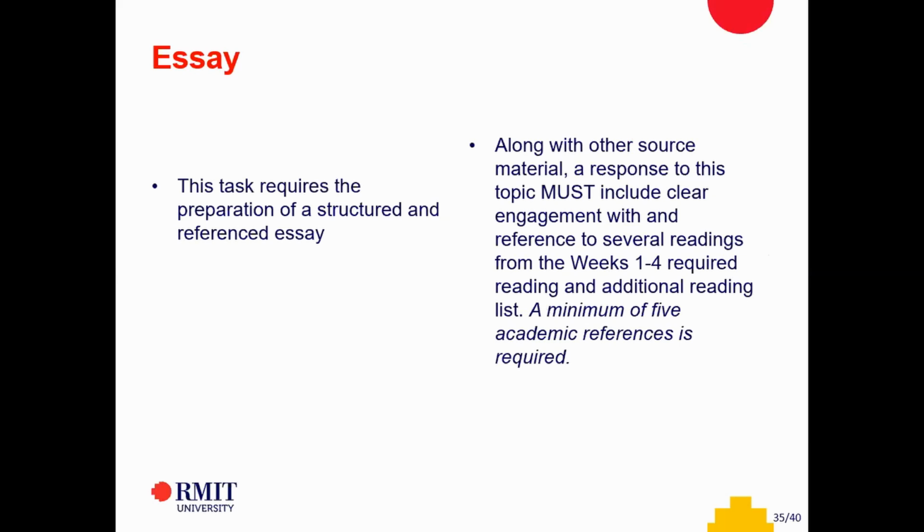And we want the guts of the reference list to be academic references. Now, what that means is that they're from journals or they're from a book chapter. And I don't mean a work of fiction, I mean an academic book chapter. And the reason for that is to avoid a situation where you've got a whole string of references where the majority of them, or almost all of them, might be from newspaper reports.